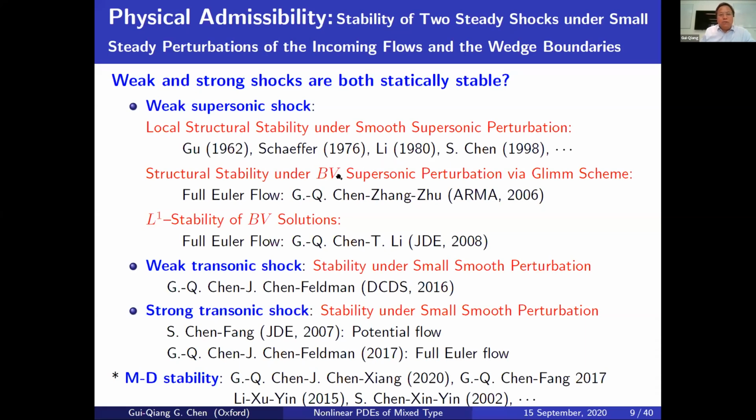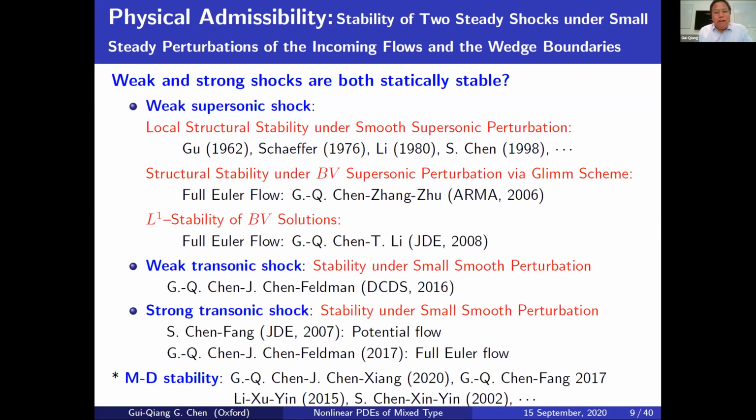Looking through the last 50 years of research together, our conclusion is that for the static case, both solutions are statically stable, in a slightly different sense, but we are convinced that is true. So we could not exclude a solution in the steady framework.